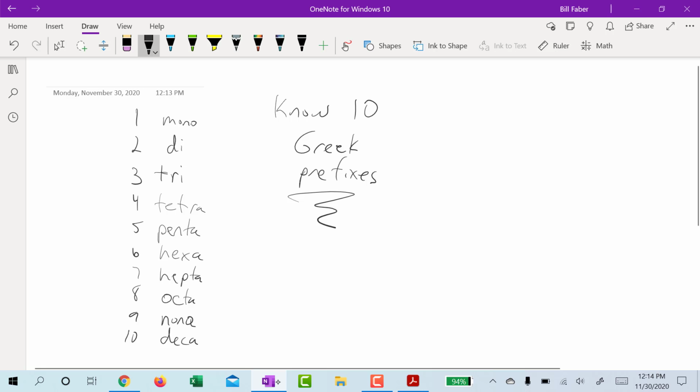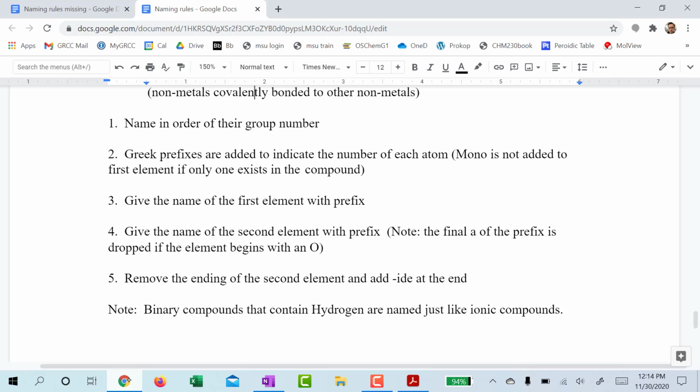Now, let's go back to the rules. We talked about this. You don't use mono on the first element. Give the name of the first element with its prefix, except mono if it's 1. Give the name of the second element with the prefix, okay?